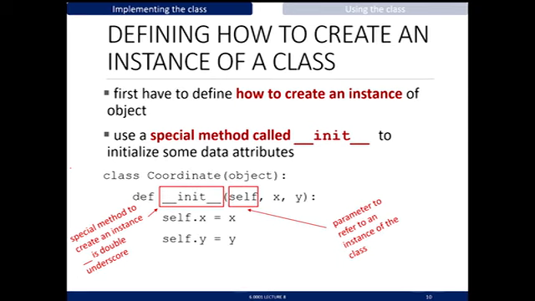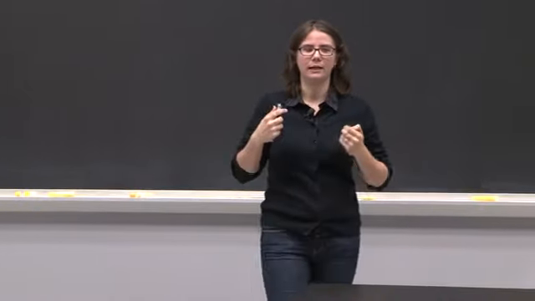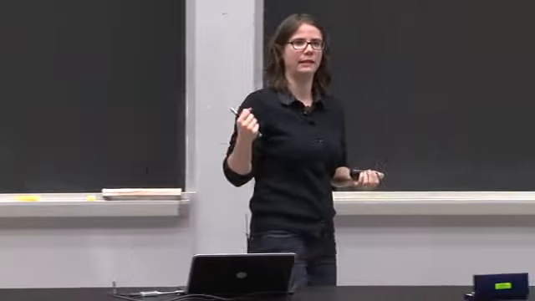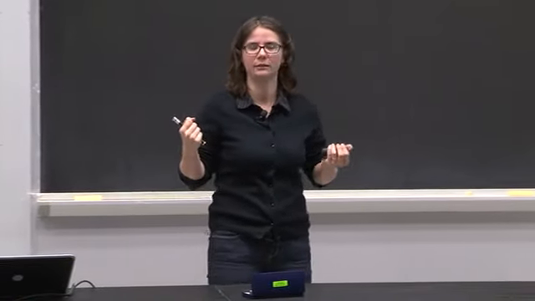So self is going to be a parameter, when you define this class, that represents a particular instance of the class. Okay? We're defining this coordinate object in a general way. We don't have a specific instance yet because we haven't created an object yet.